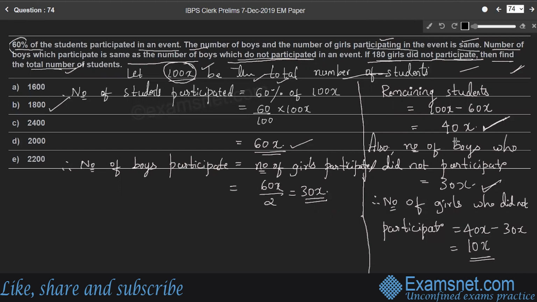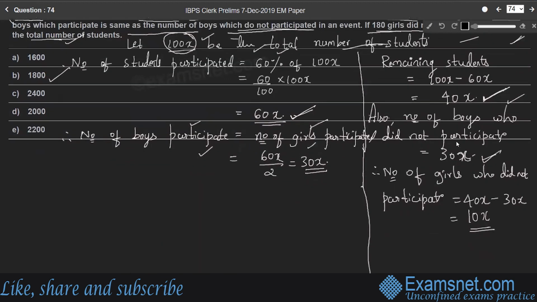So in that, let us consider again those who have participated. Here, the number of boys is equal to the number of girls among those who have participated. So 30x will be the number of boys and also the number of girls. Here it is also given that the number of boys who participated is equal to the number of boys who have not participated. So again 30x will be the number of boys in the right part, those who have not participated.